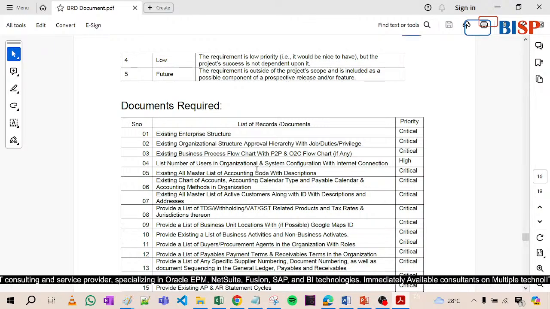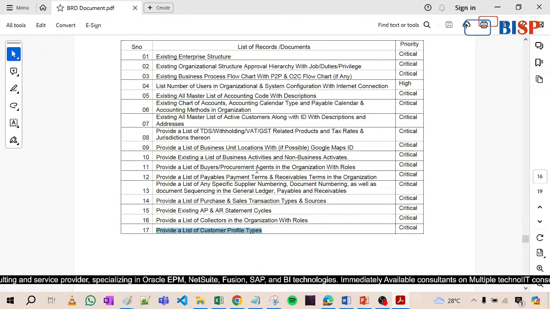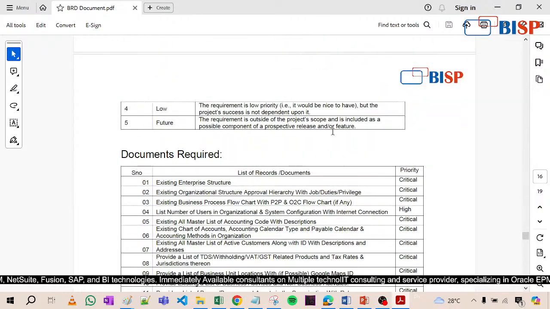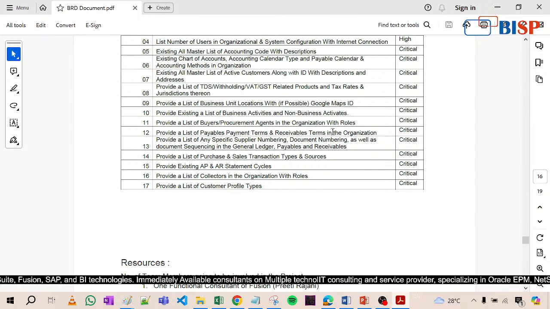There are so many sets of documents that we will require, like here the existing master list of accounting codes with description. So whatever is required we have to demand from them. They will provide you each and everything, and then we will work on them.